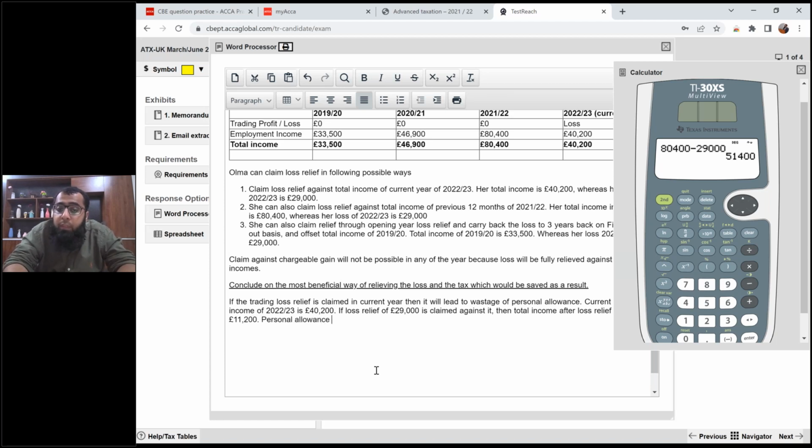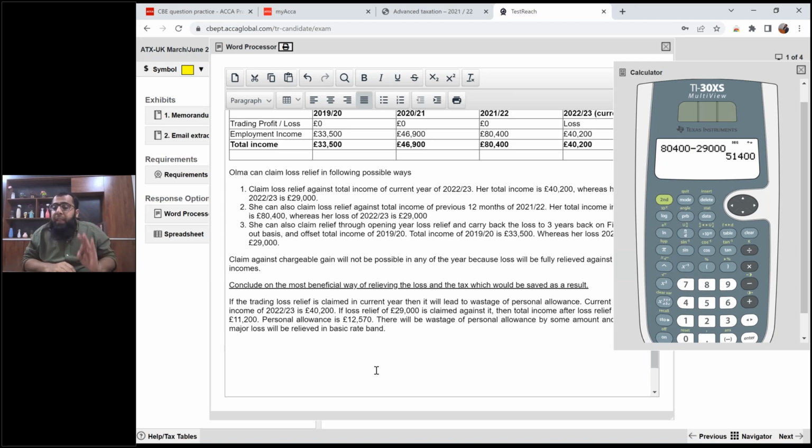Personal allowance is 12,570. There will be wastage of personal allowance by some amount, and also the major loss will be relieved in the basic rate band. We are developing the argument.